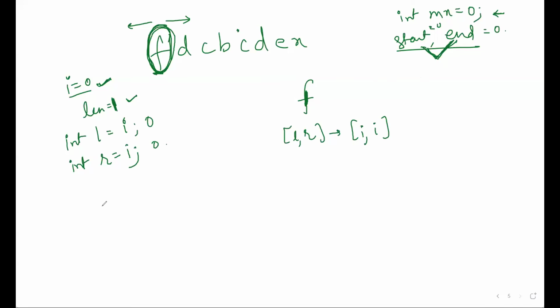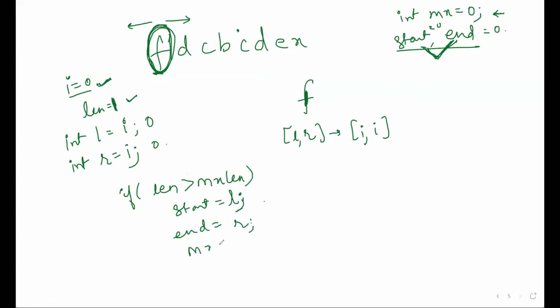First, I check if my current length is greater than the maximum length. I will update my start to be equal to L and end to be equal to R. I'll do something like this, so this will help me. I'll update the maximum length also, which will be equal to length.